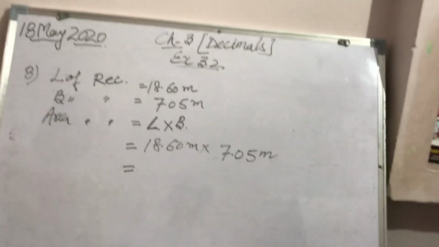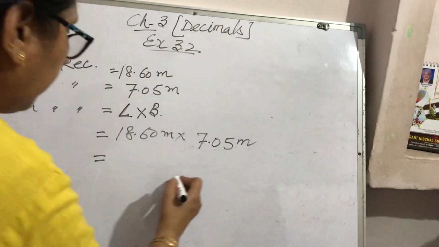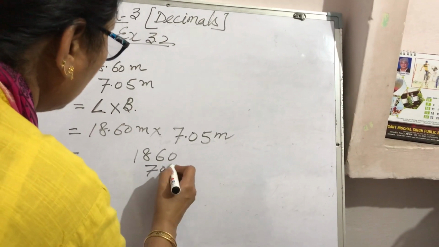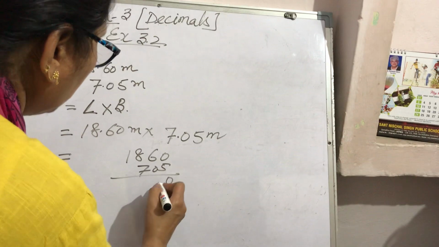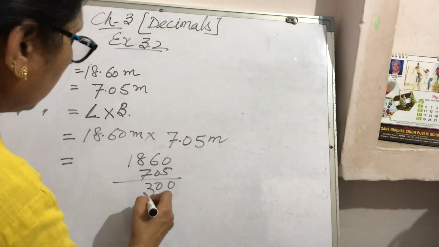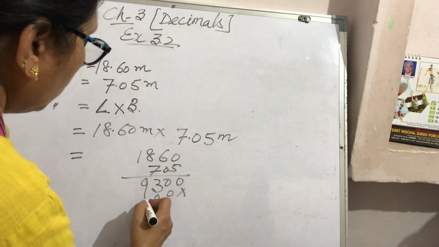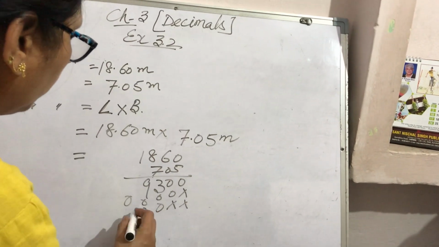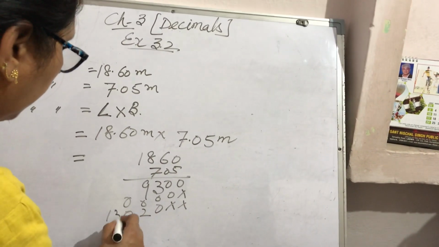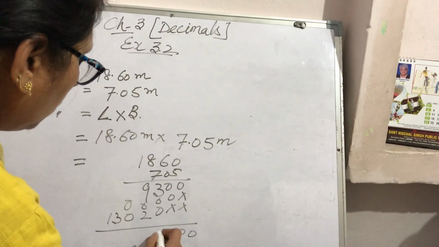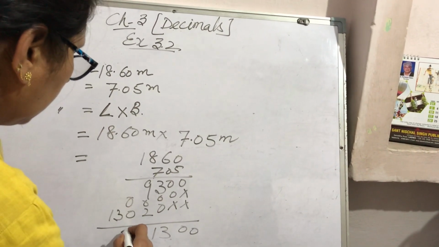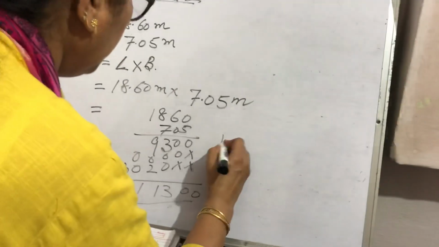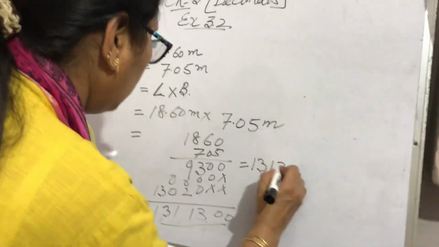So 18.60 multiplied by 7.05. We have to multiply 1860 by 705, which gives 1313100.